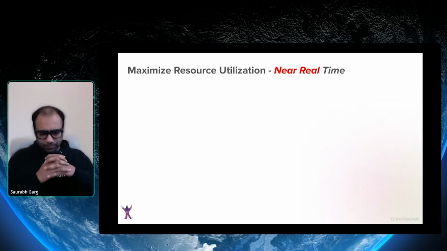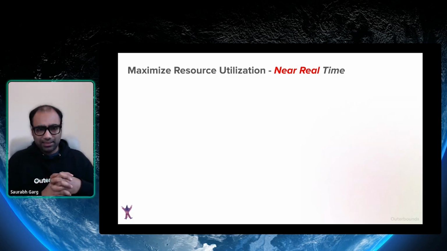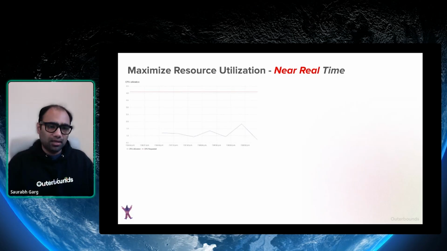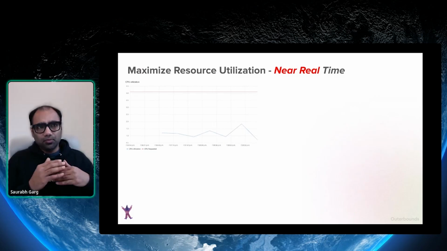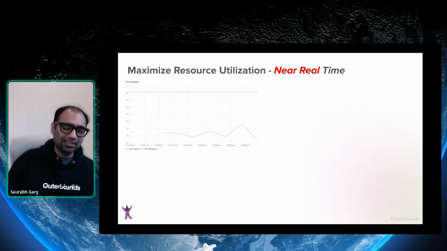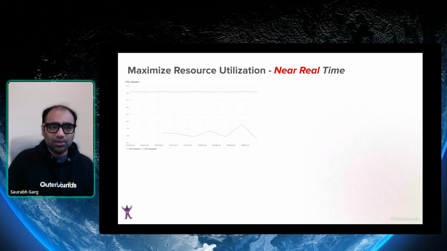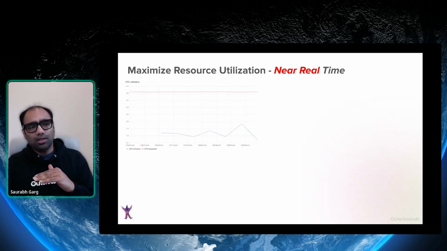Now, in order to maximize resource utilization, assume there's a node on which your workload gets scheduled. To make sure that a single workload cannot use up all the CPU that is present on that node, you can put limits on the workload.